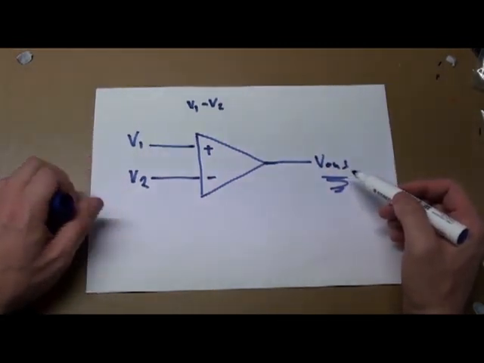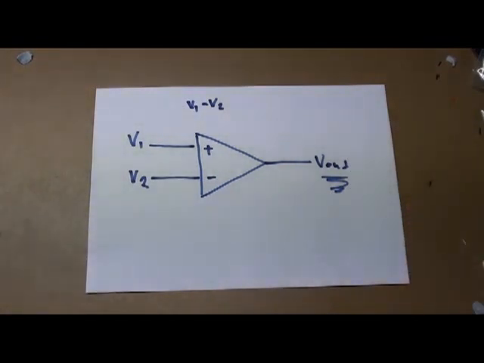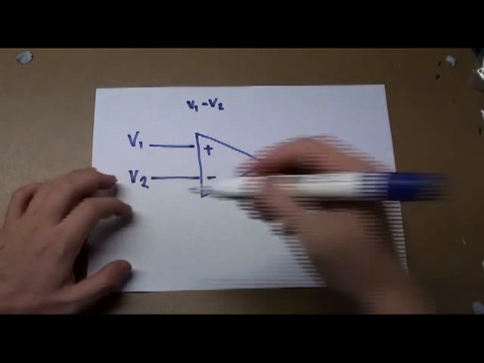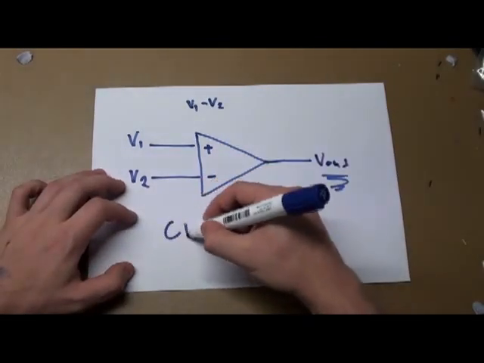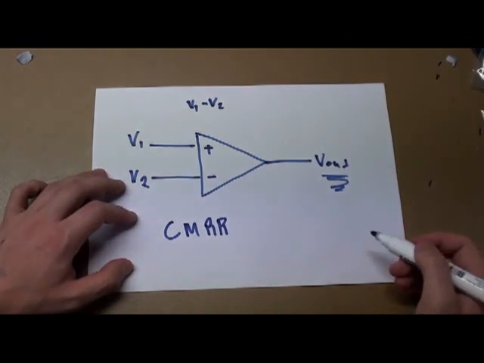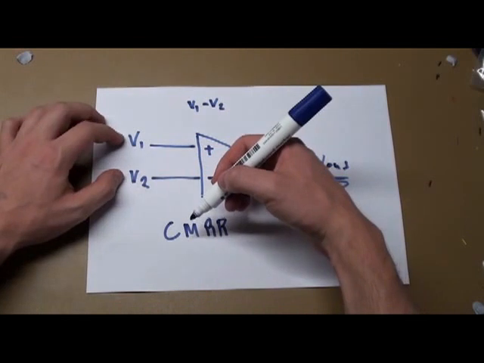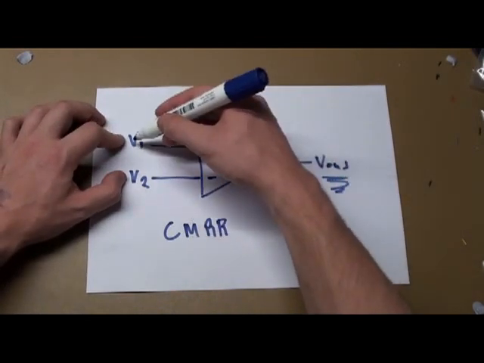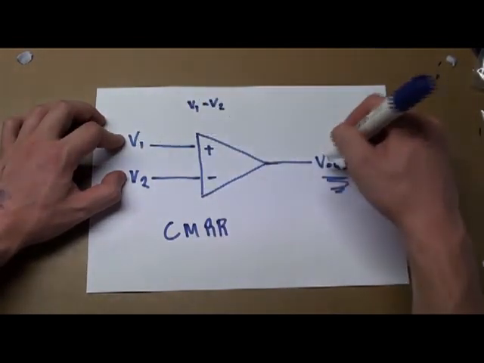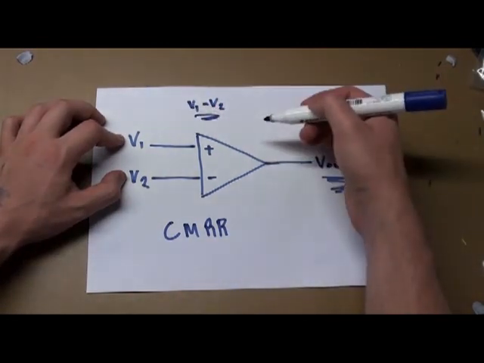Now there are lots of different kinds of differential amplifiers, and they all have this special thing called common mode rejection ratio. Basically, if you have a very high common mode rejection ratio, the output will be almost perfectly V1 minus V2.